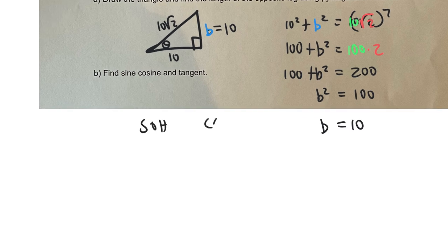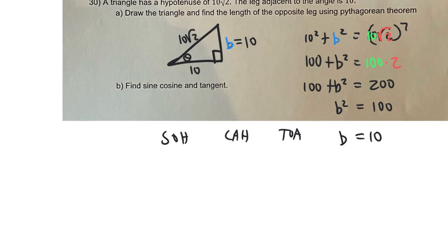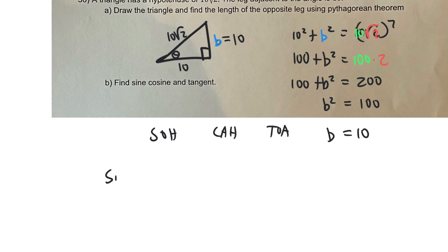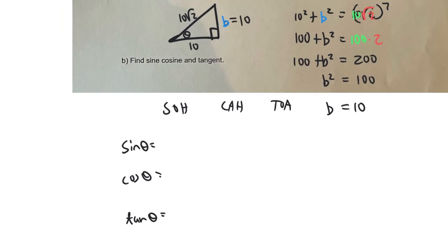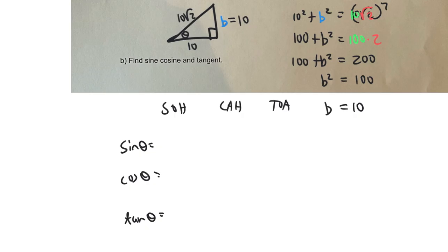So SOHCAHTOA, right? Sine of an angle is going to be something. Cosine of the angle is going to be something. Tan of the angle is going to be something. The sine of the angle is 10 over 10 radical 2. That could be simplified because these would turn into a 1, and then you would be left with a 1 over radical 2.